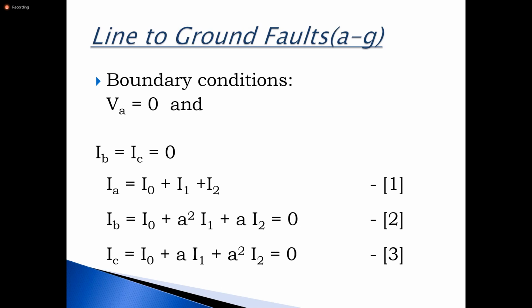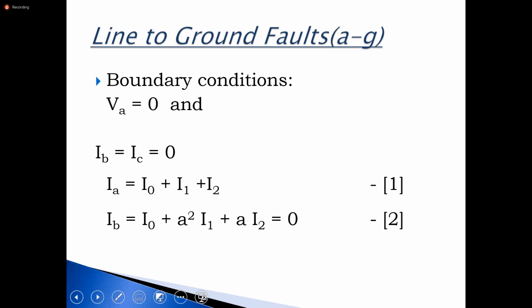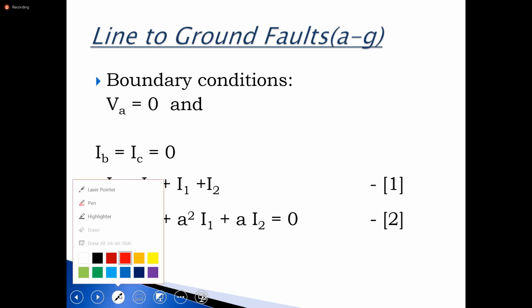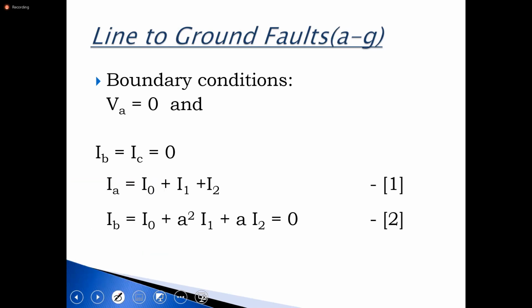All right, now, based on the boundary conditions that we have here, we said that IB was equal to IC was equal to 0. So we can equate those two equations. So if we equate equations 2 and 3, all right? And of course, whether or not they were equal to 0, if they are equal, they are equal.